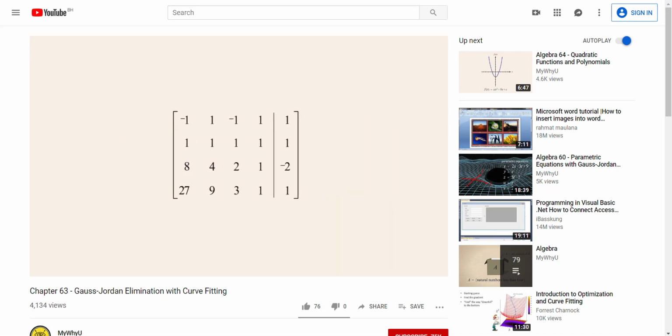We start by changing the first row's leading entry to a positive 1. We will do this using a swap operation to exchange rows 1 and 2. We then change the entry below that to a 0, using a pivot to add 1 times row 1 to row 2.